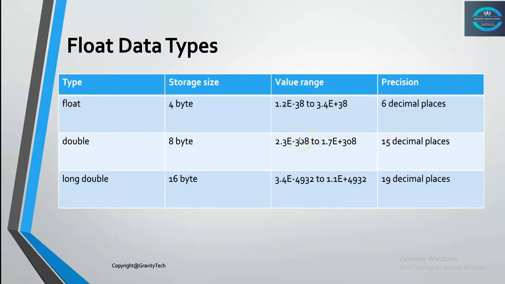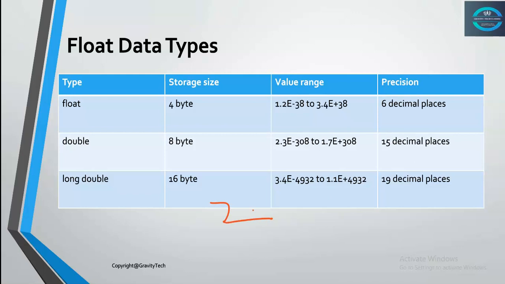Now let's go to the float. The float data types would be float, 4 bytes, double, 8 bytes, long double, 16 bytes, with 6 decimal places of precision. What does precision mean? Let's say you have a number 2.3.